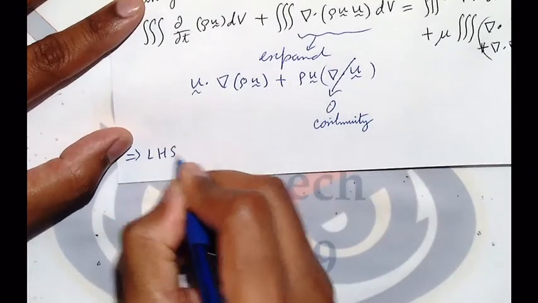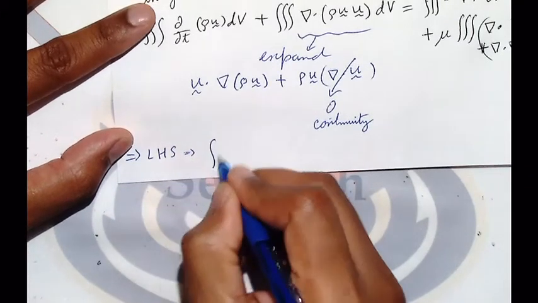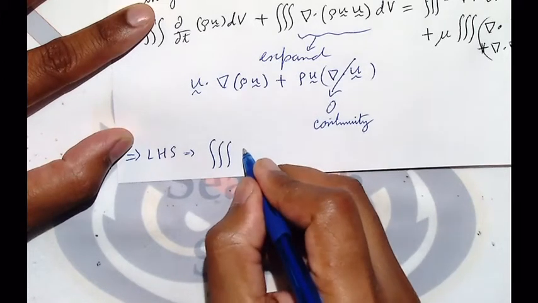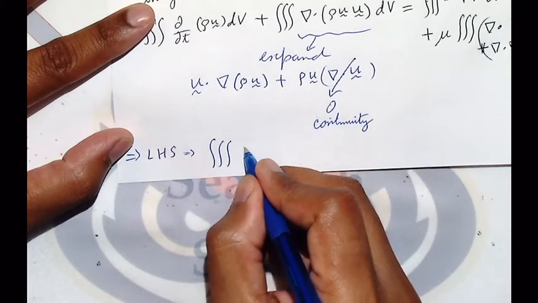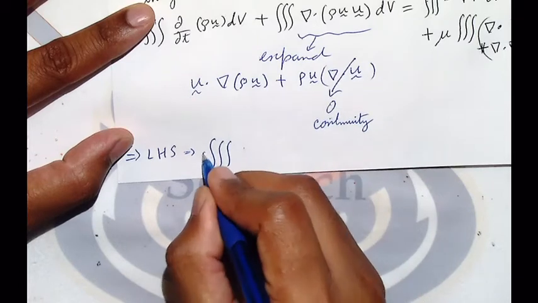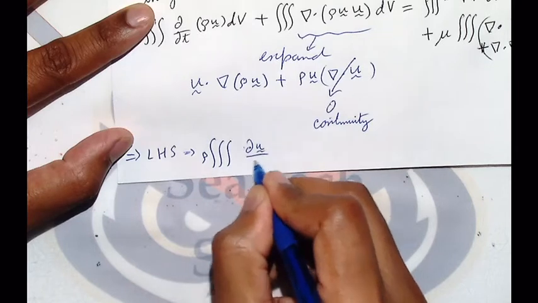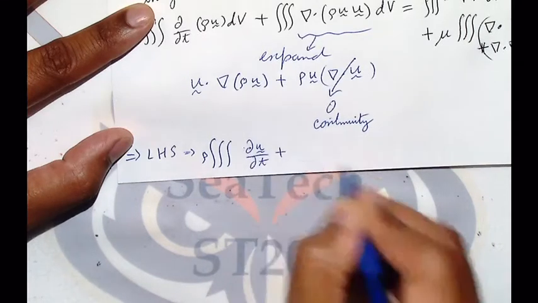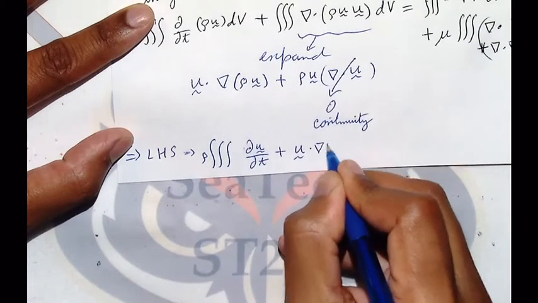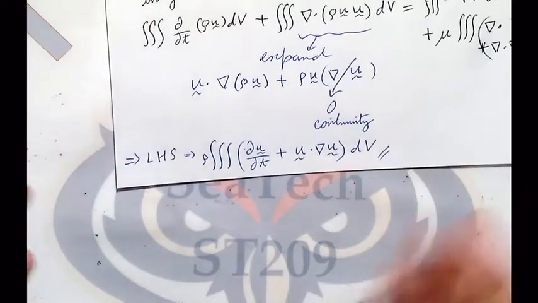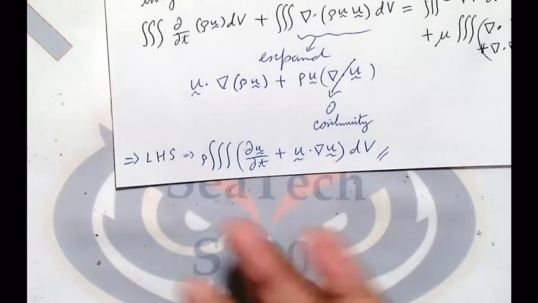Left hand side becomes the triple integral of, let's say rho is constant, so we take rho out, del u by del t plus u dot nabla u dV. And you recognize the left-hand side of Navier-Stokes.